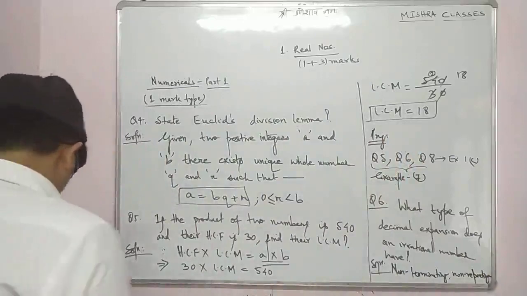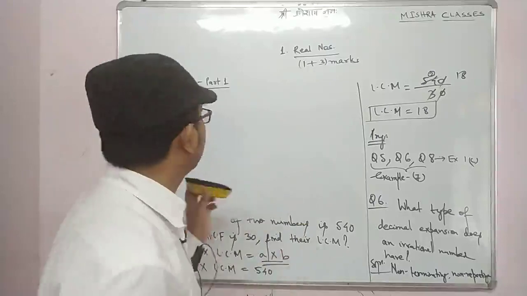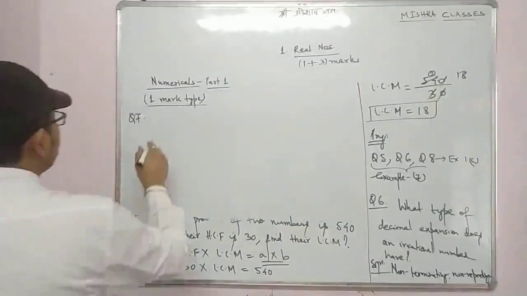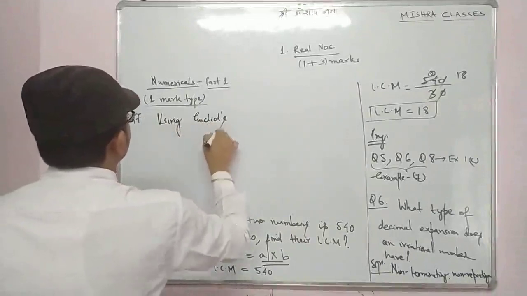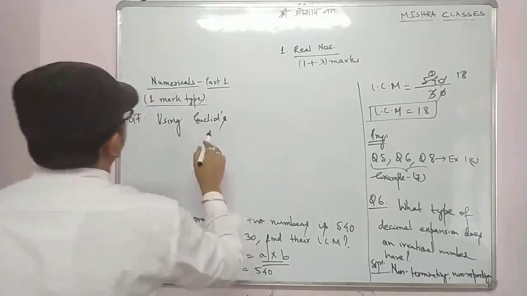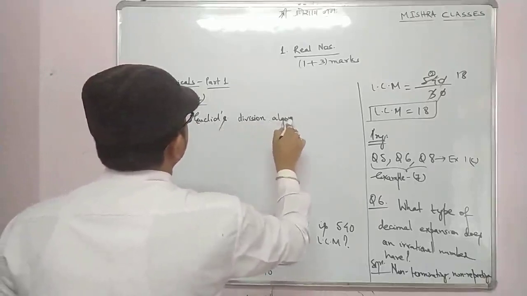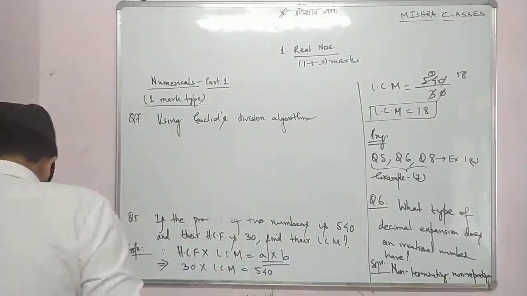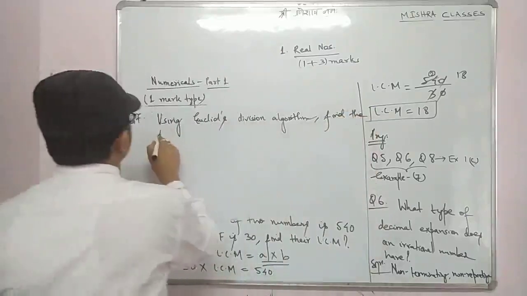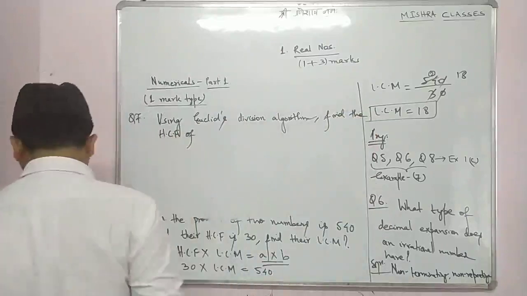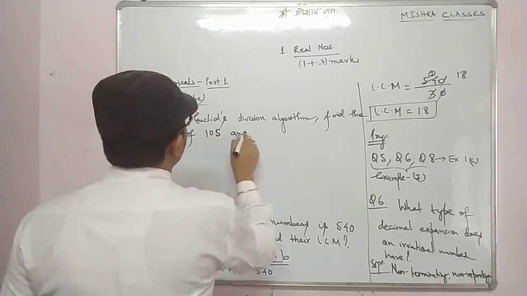Next we have question number 7. That will be your last question of this type. Question number 7: using Euclid's division algorithm, find the HCF of 105 and 120.